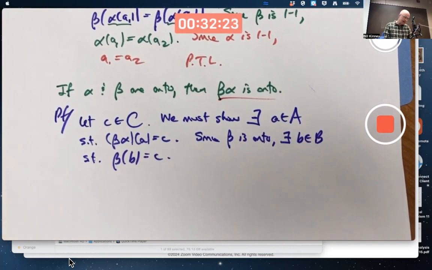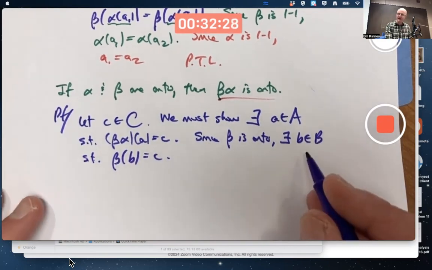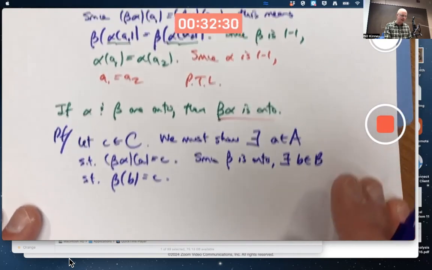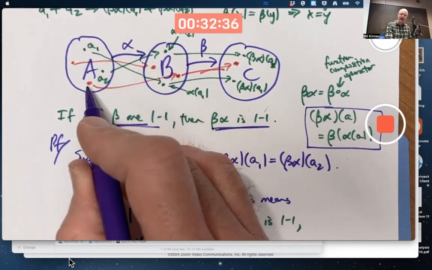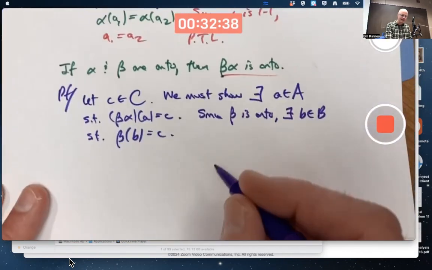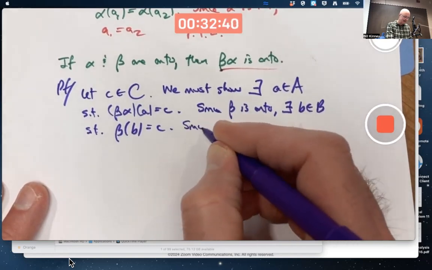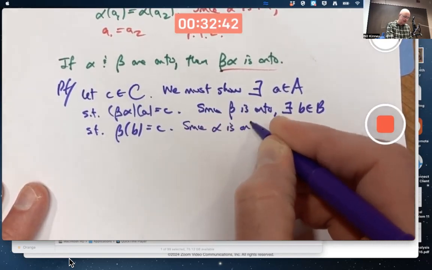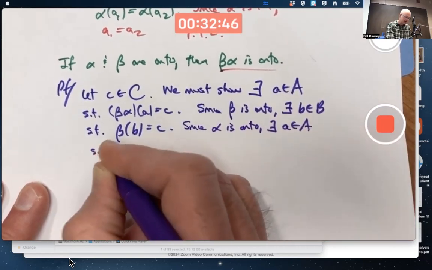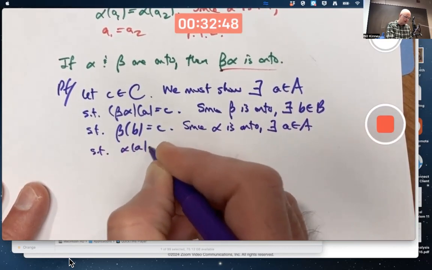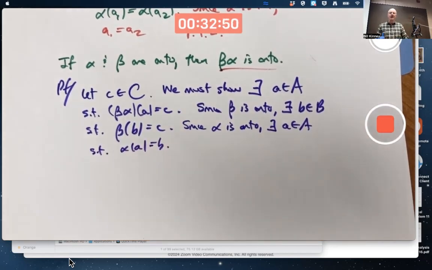My goal is to find an A. Well, this little b in capital B, that's like this point here. Now use the fact that alpha is onto, there's something in capital A that gets mapped to that. Since alpha is onto, there exists a little a in capital A such that alpha of A equals B. Are we done?